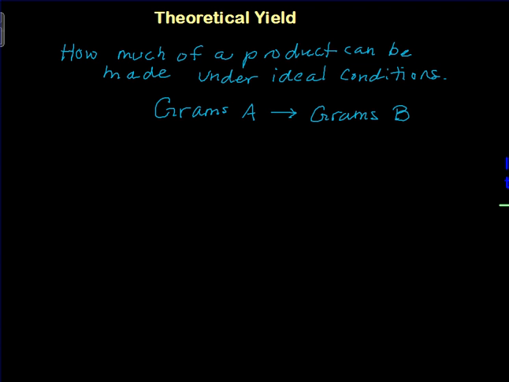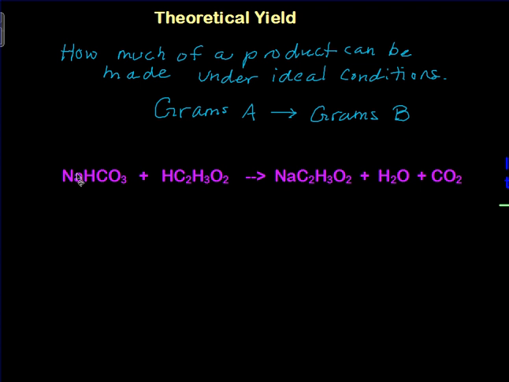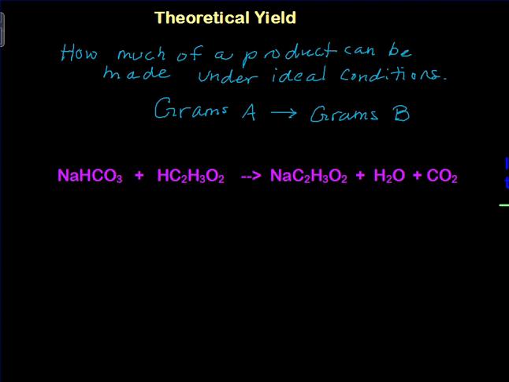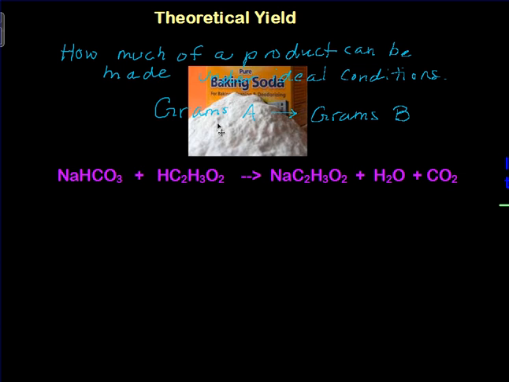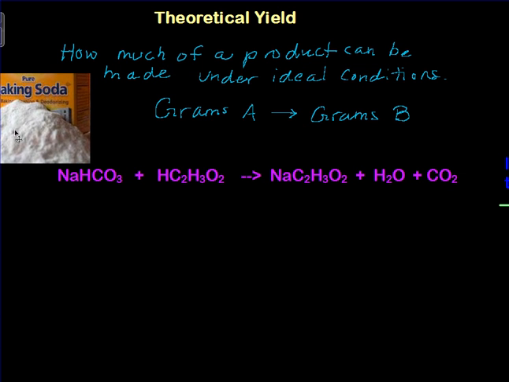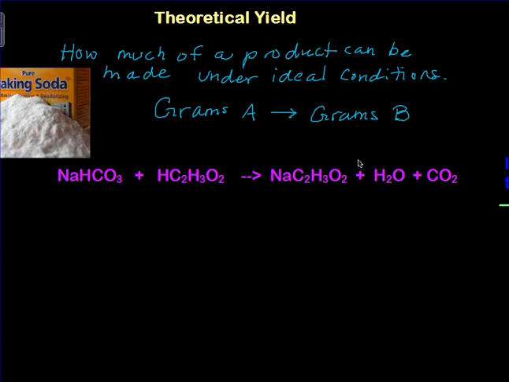So we're going to use an example here, okay? And I'm going to pull in this reaction, and this reaction is a common reaction that you have probably seen before, that we've done in class, and it starts with some baking soda. Okay, so this NaHCO3 is simply some baking soda, and you can guess that that's going to react with some vinegar or some acetic acid, and we have three products.